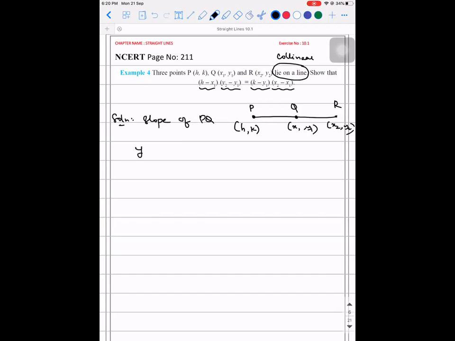Slope of PQ is y1 minus k divided by x1 minus h. Now what is the slope of QR? Slope of QR is y2 minus y1 divided by x2 minus x1.